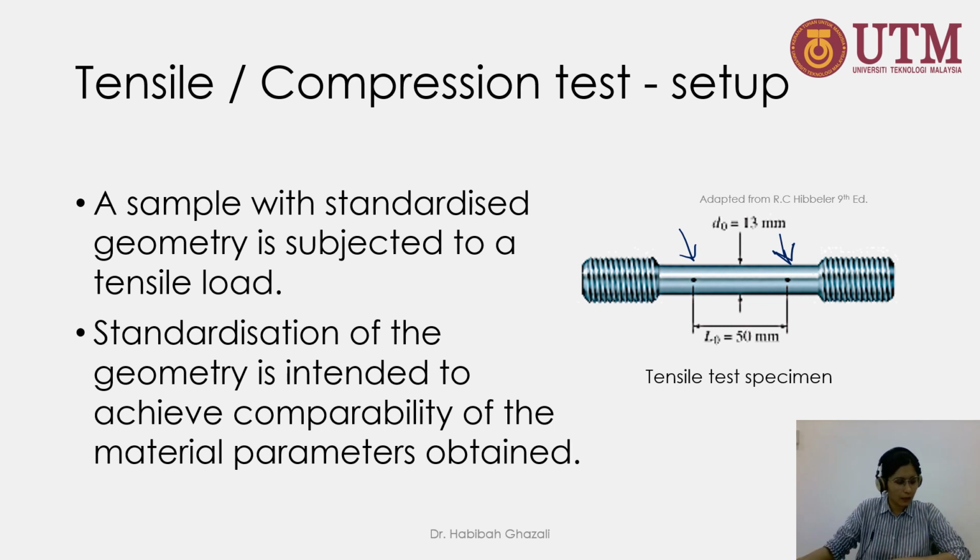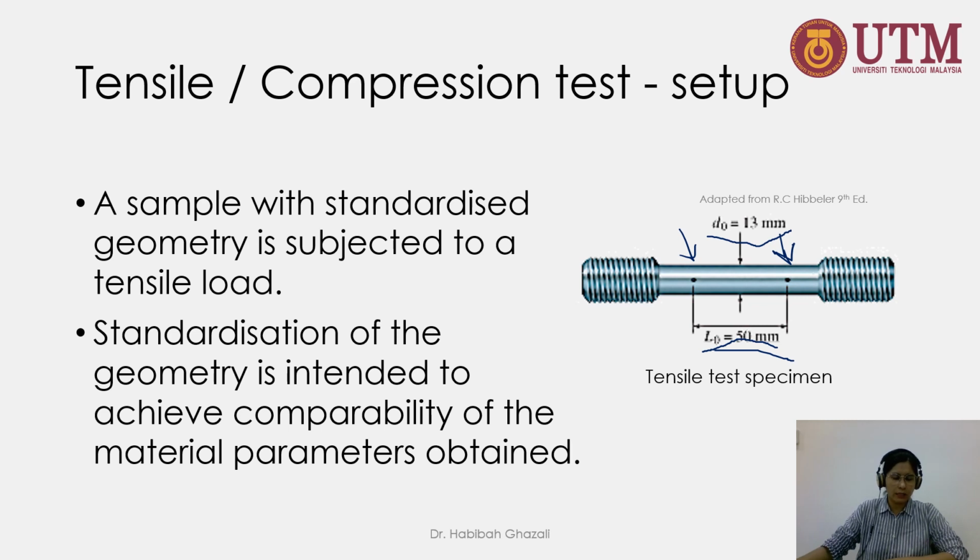So before the start, the initial length will need to be specified, and also the initial cross-sectional area. So the example metal specimen normally will have this dimension: 13 millimeter diameter, and the initial length is 50 millimeter.